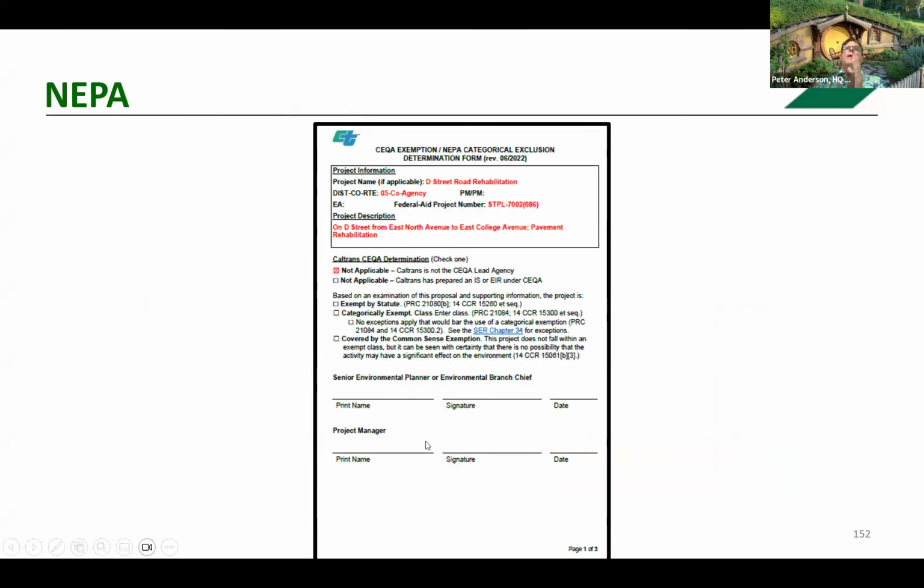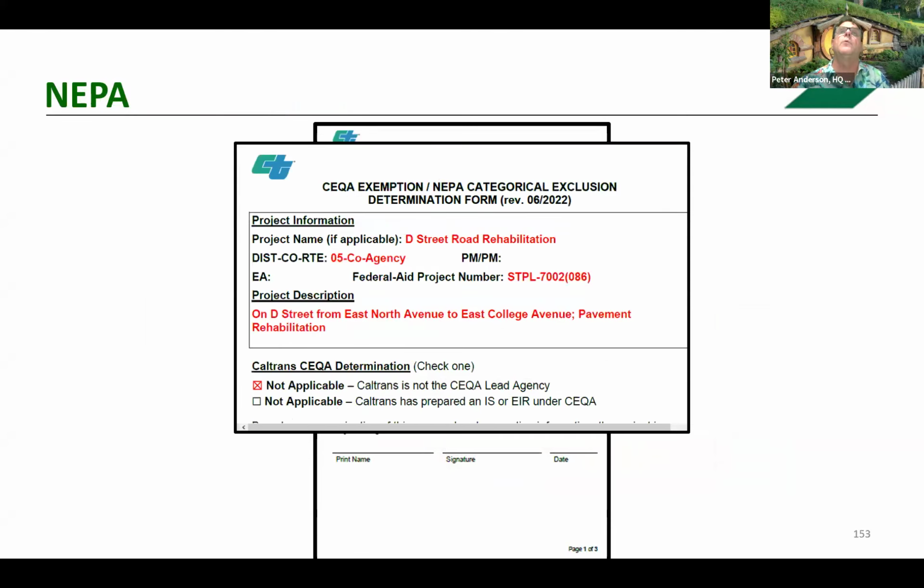So let's look at the environmental document. This was prepared well before the start of construction. So what is the scope of the work? Is the scope consistent with what's being requested? Again, it's important that the work in the environmental document covers the entire project that is going forward for construction.